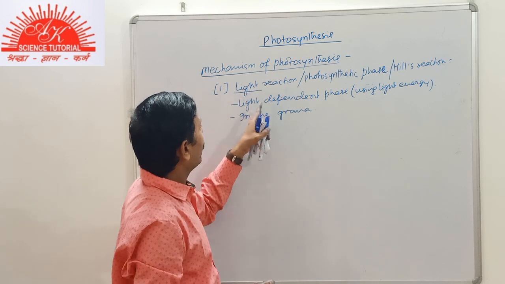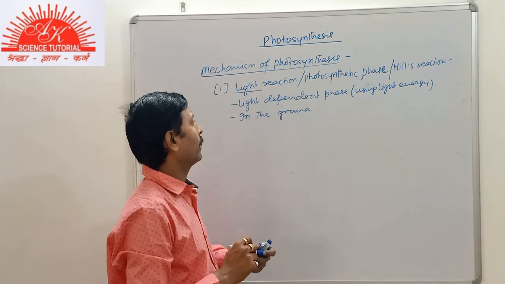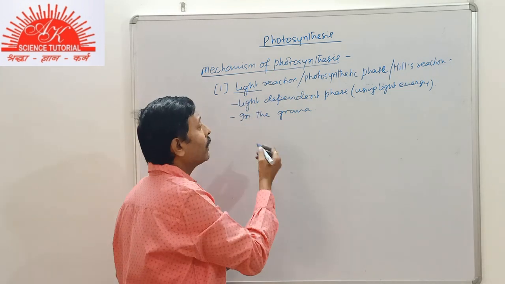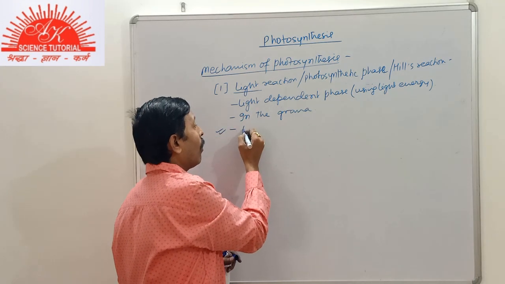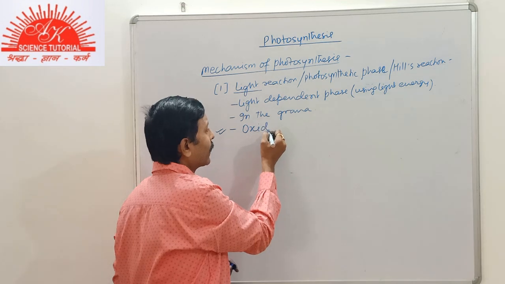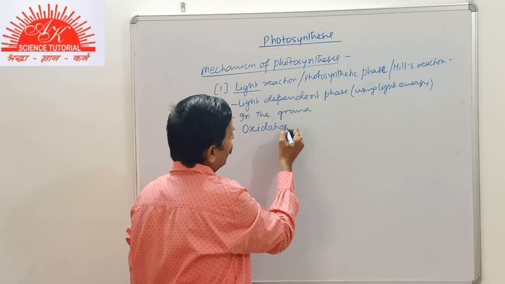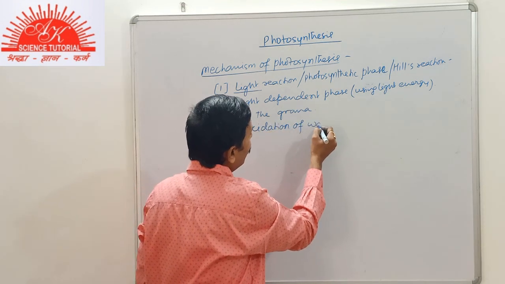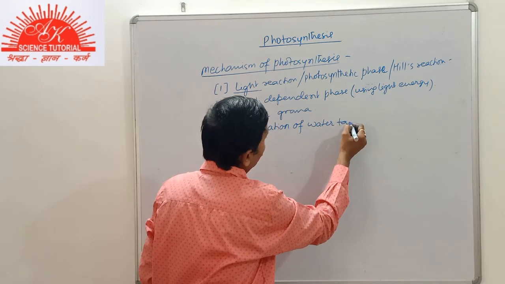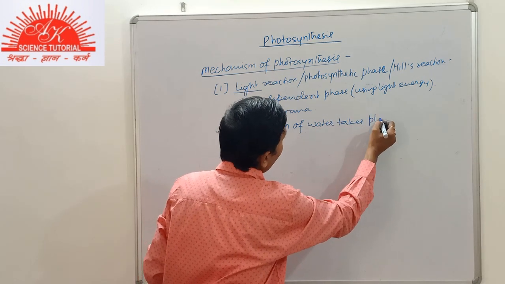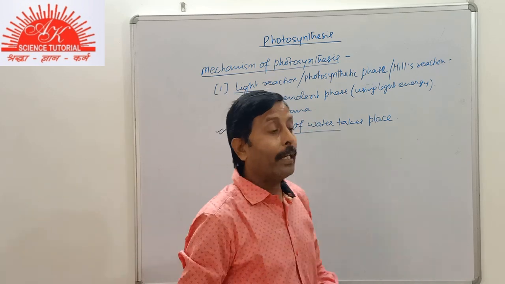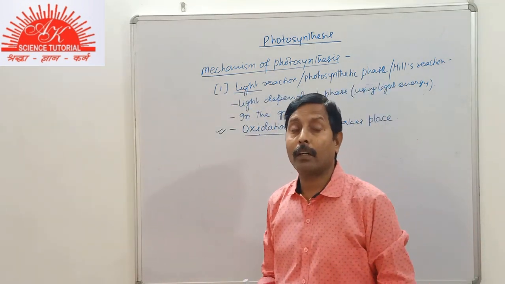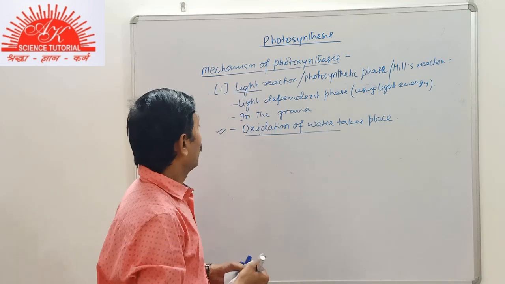But when we have to write directly, then we will take the collective term grana. So it takes place in the grana. And the next important point here, oxidation of water takes place in the light reaction phase, in the first phase of it.